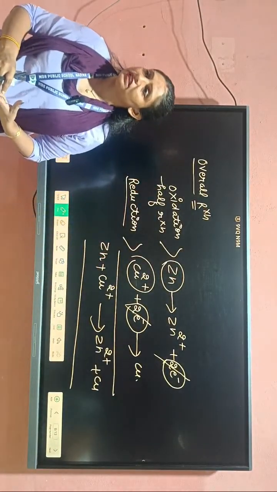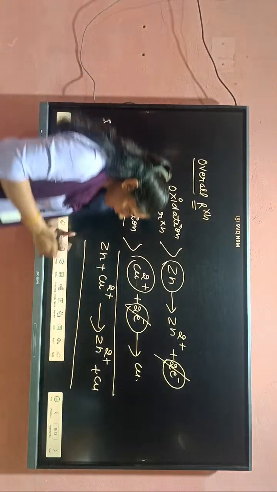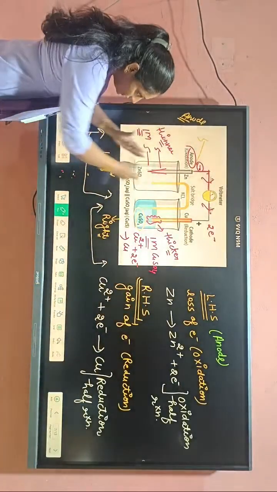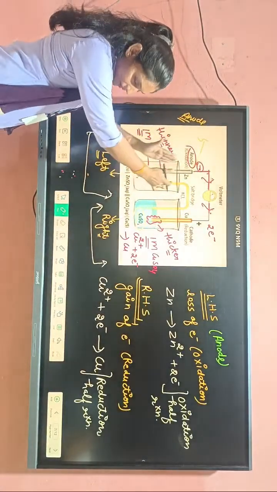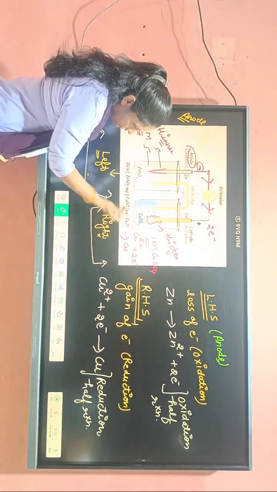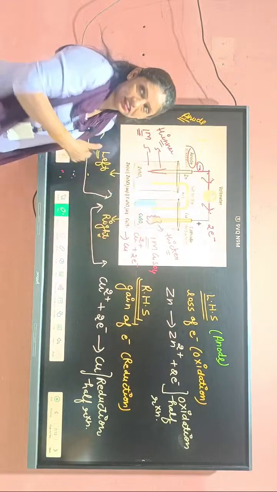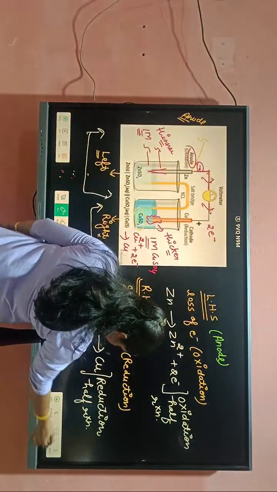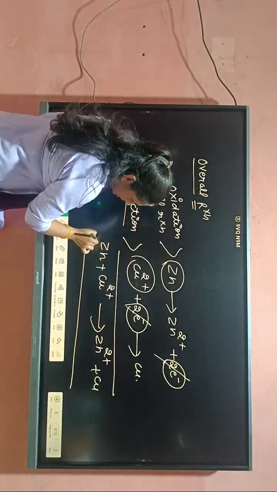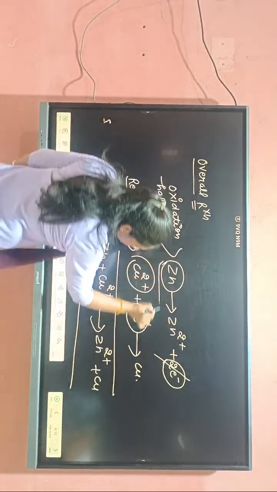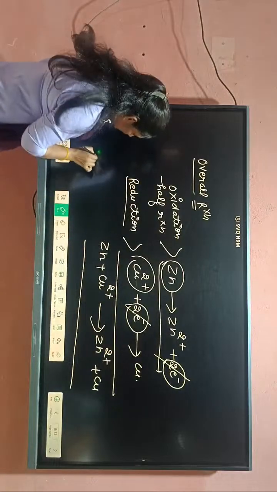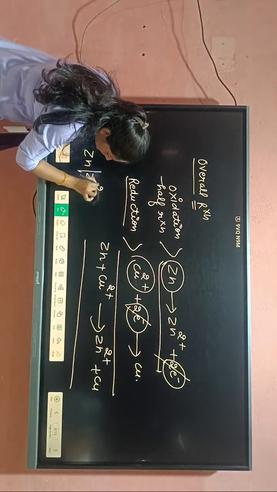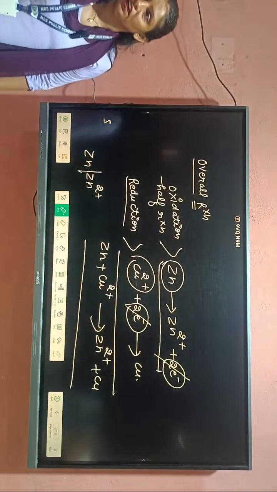Now students, how can we represent this cell? During representation of this cell, you write the oxidation half reaction on the left hand side and the reduction half reaction on the right hand side. In the oxidation half, zinc is converting into zinc ions.